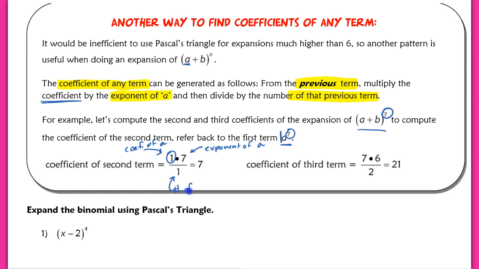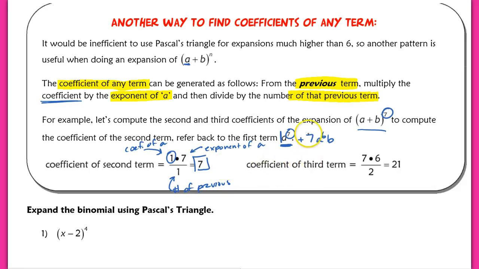That previous term is term 1, right? This is the first term, so that's why we're dividing by 1. Now we get 7, which makes sense because the next term would be 7 times a to the 6th power times b.